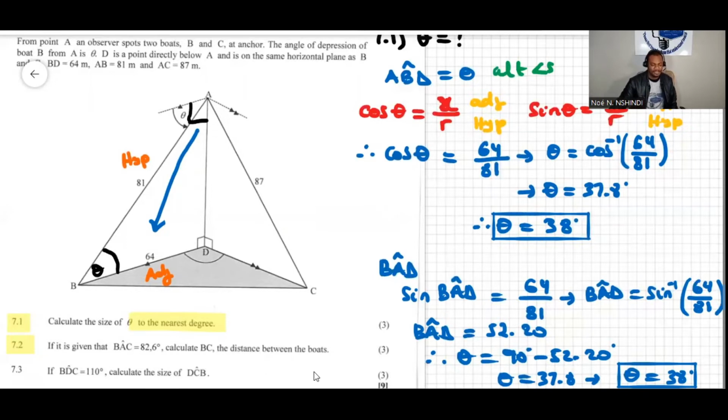If the angle BAC is this, so if this angle BAC is 82.6, calculate the length of BC. BC is this one.